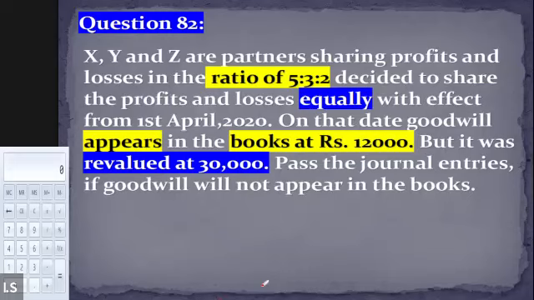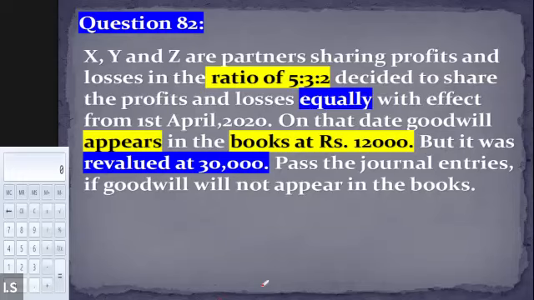There is Accounting Standard 26, which says that anything which is actually purchased, and for which the firm has paid consideration, can only be shown in the books of account. Things for which the firm hasn't paid anything cannot be shown in the books of account.